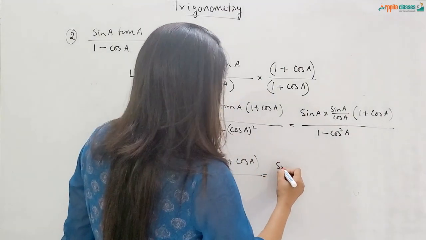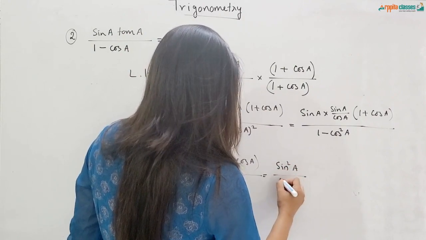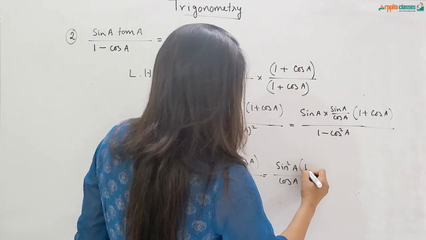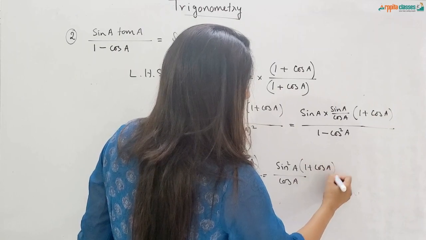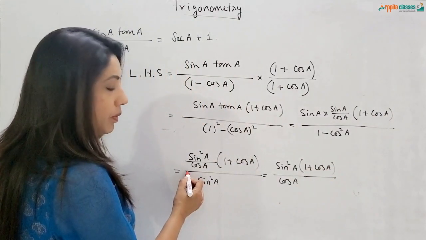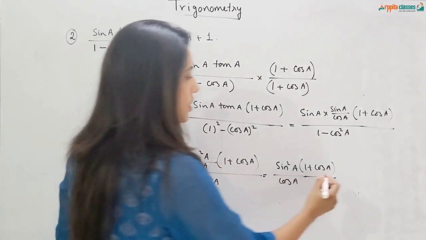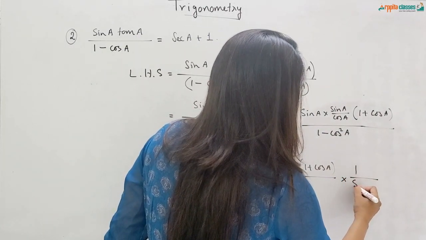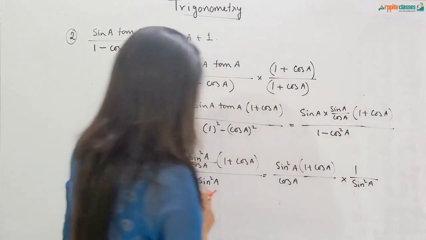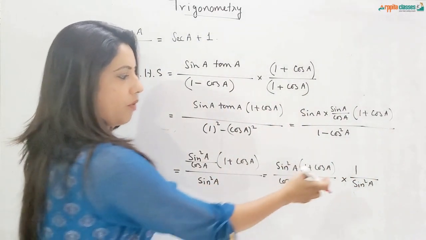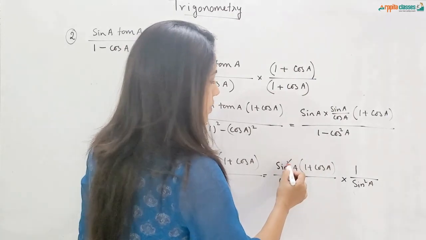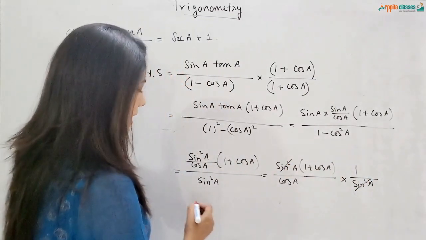Now let us divide this sin square A upon cos A into 1 plus cos A. I wrote the numerator as it is. Now I will put a multiplication sign in place of division, and I will write this sin square A in the reciprocated form, that is 1 upon sin square A. So this sin square A will get cancelled.